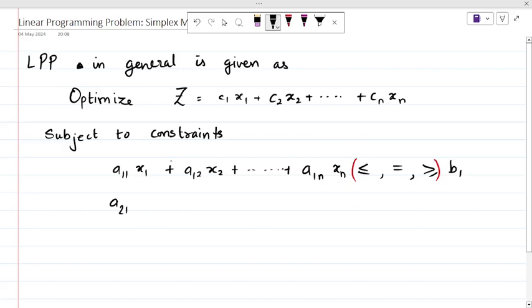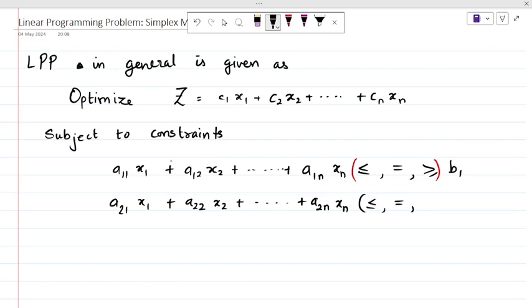Then here you have a21 x1 plus a22 x2 and so on up to a2n xn. Again the same situation arises, less than equal or greater equal, b2.